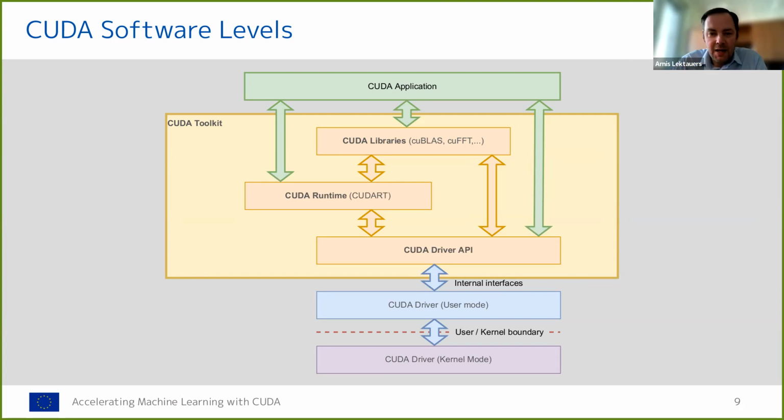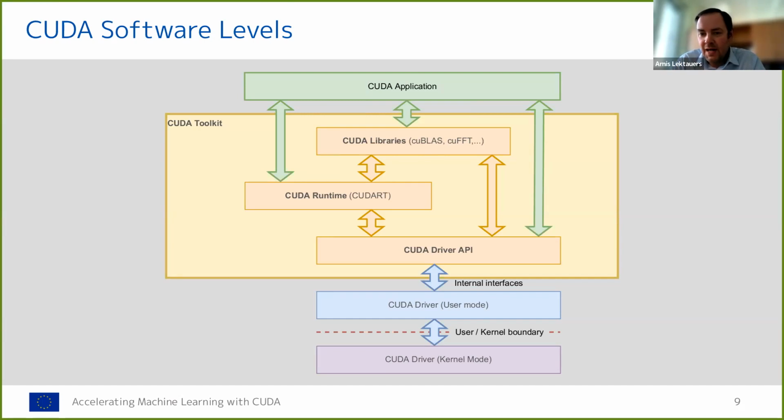Next, a bit higher level is the CUDA runtime level. It is a wrapper of the CUDA driver API, and that is the usual software component when we are developing CUDA software from scratch. That is a commonly used layer.